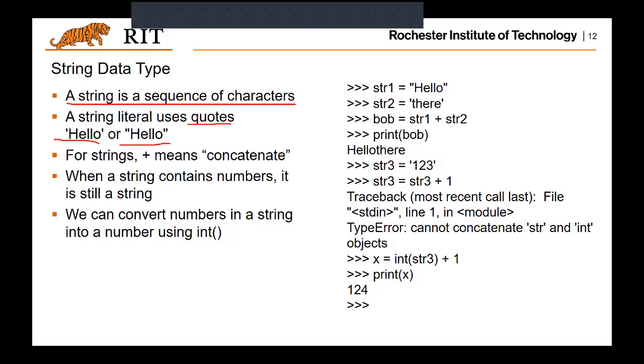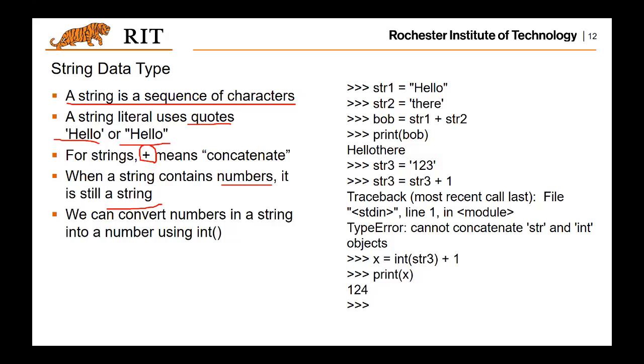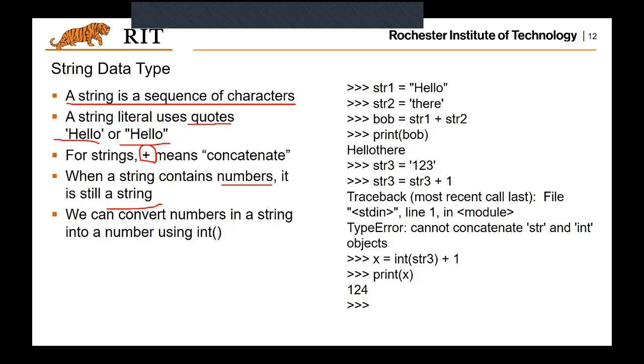Also, with the plus operator, you combine two strings together. Also, if you have numbers in that string, you have to convert them to a number, either integer or floating number, by explicitly calling the int or float functions. These are the basics that we have learned previously.